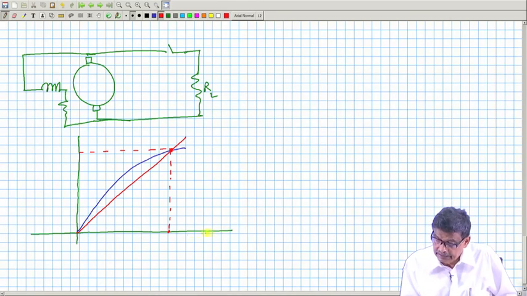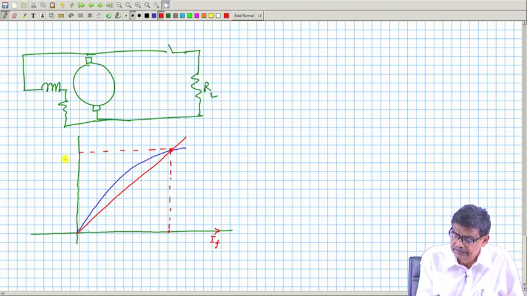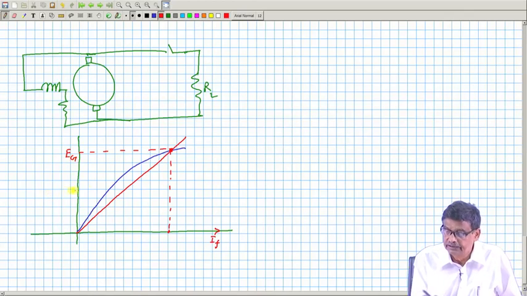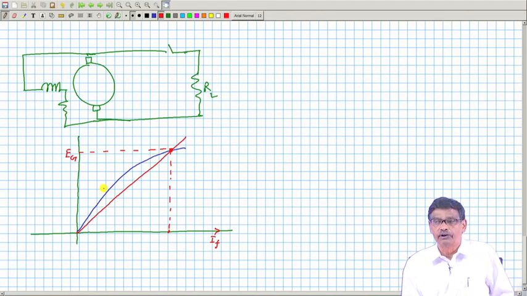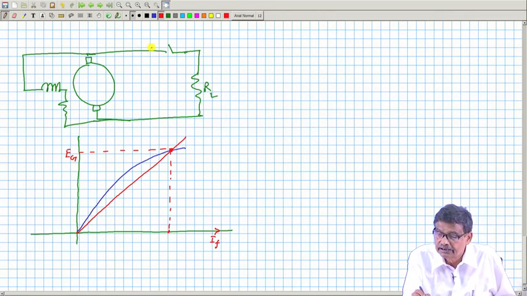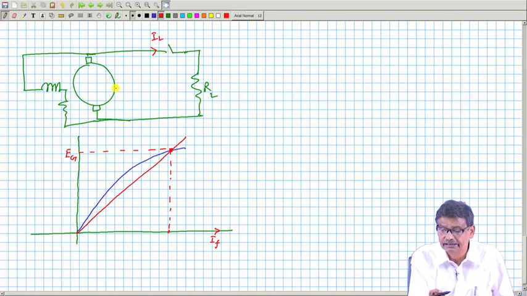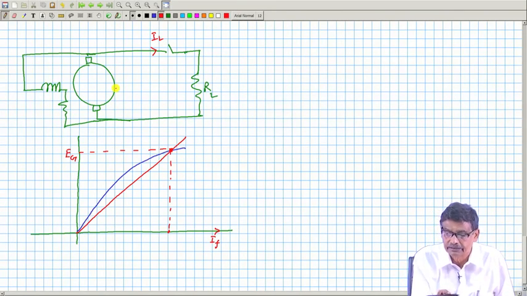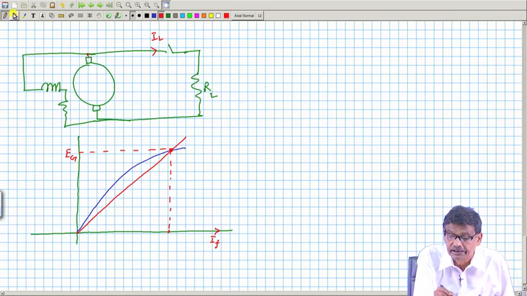In this axis, mind you, this is the field current, and this voltage is the open circuit voltage. When the load current is 0, this current is not an armature current, because here is a junction. The armature current will be here, if I draw it properly.